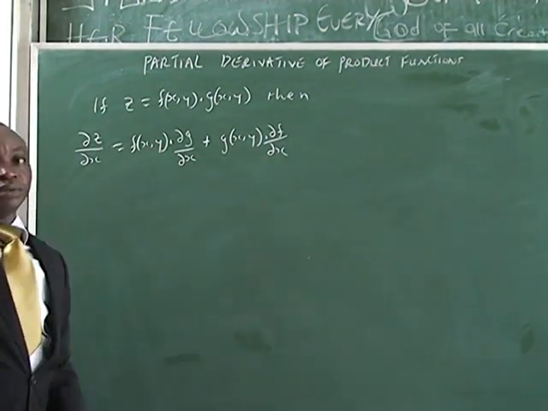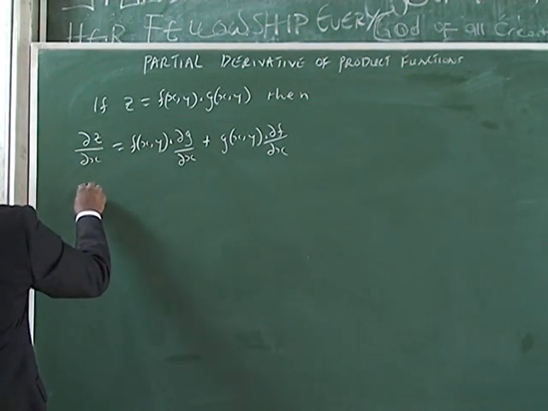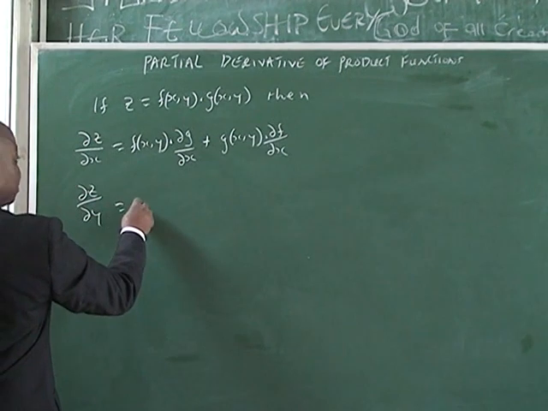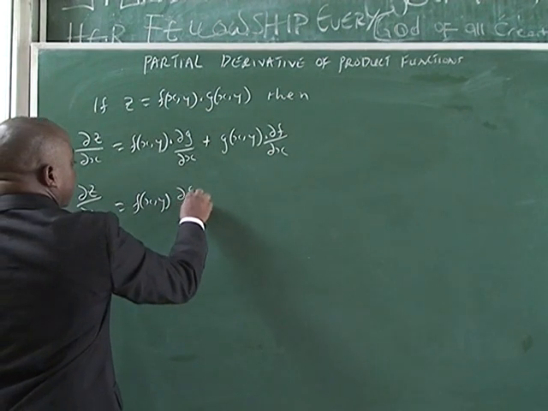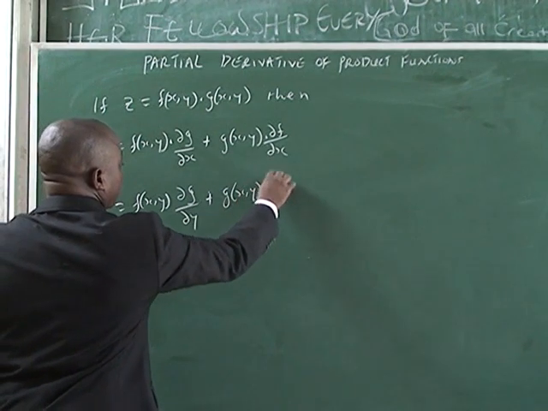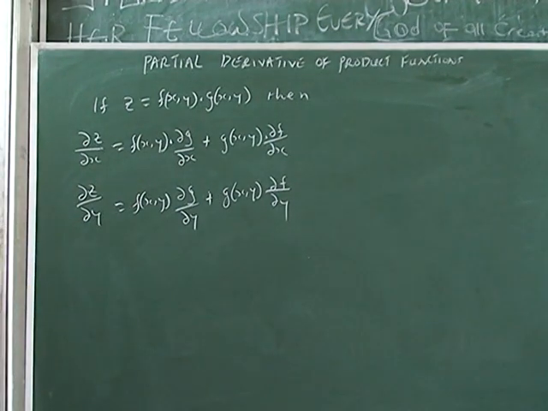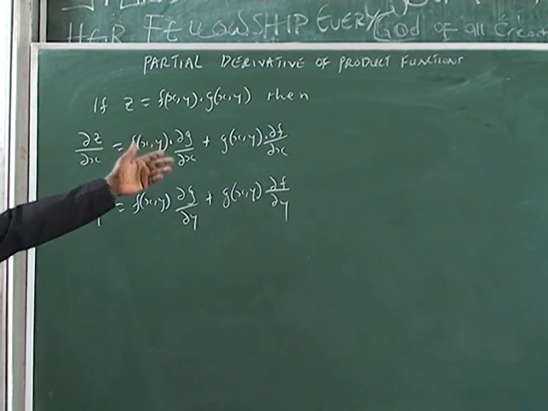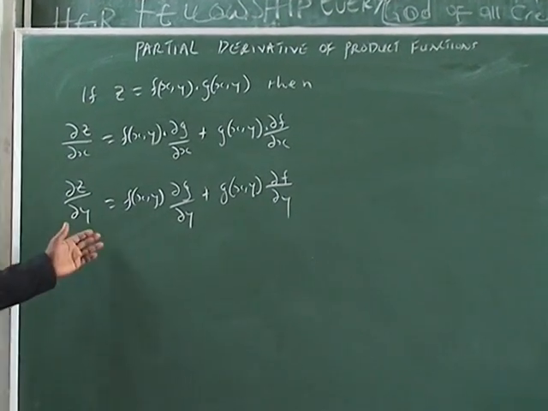A product rule. Same thing will happen: partial z, partial y will be equal f of xy, partial g, partial y plus g of xy, partial f, partial y. Whether z is a function of two variables, three variables, or four variables, we know the definition from our elementary calculus, so we apply the same.